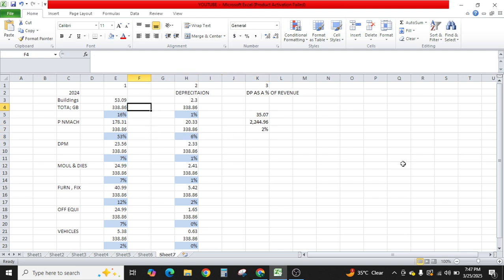Because if you are analyzing a manufacturing company, generally buildings and plant and machinery will be the most, contributing 70 to 80%. But if we are seeing an IT company, they don't need plant and machinery. What they need is office equipment like computers, which in those companies will be 50%.